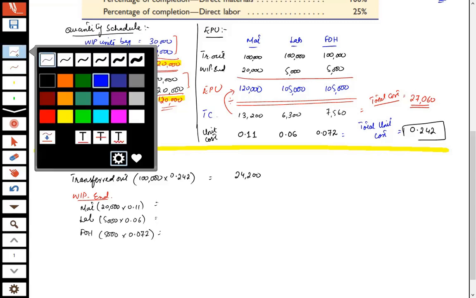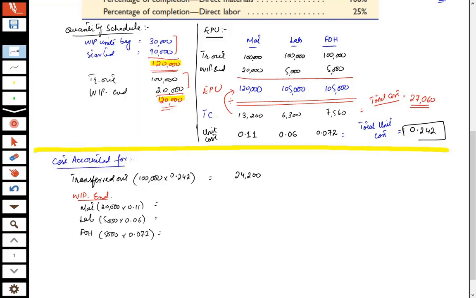For material, it is 4,840. It cannot be like this. Material, 20,000 into 0.11, how is 4,840?